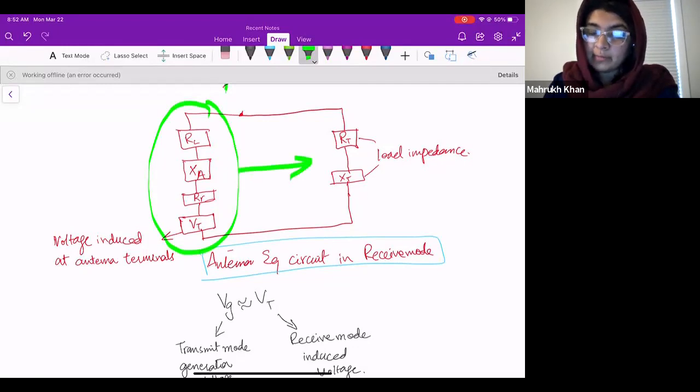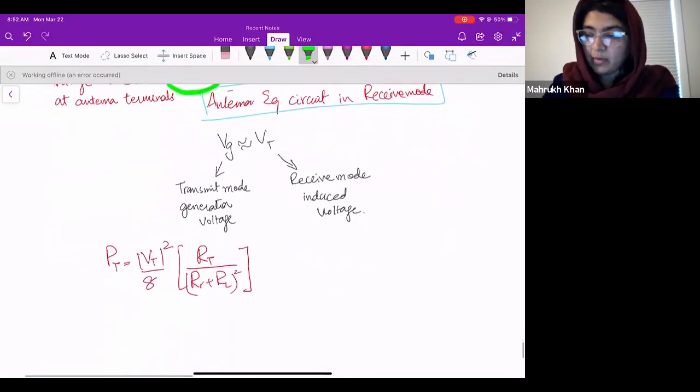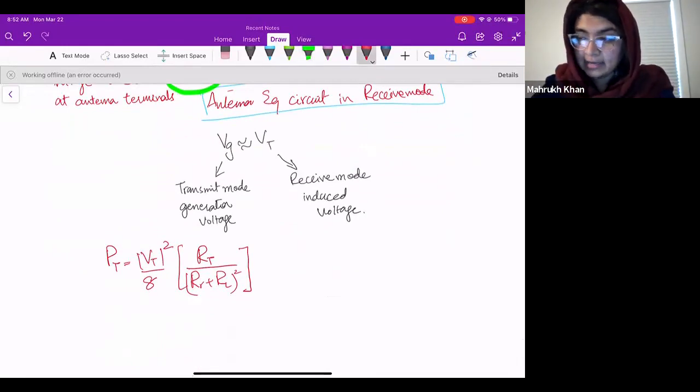Some of the power will be dissipated across the terminals, and the remaining will go towards the load. That's what we want to figure out: what power will be dissipated across the terminals, and what power will go towards the load. So I am writing the corresponding terms, and then we will see what is happening.